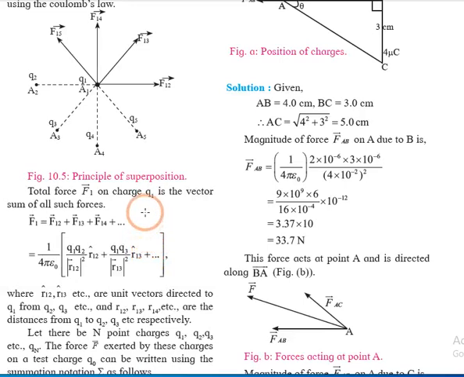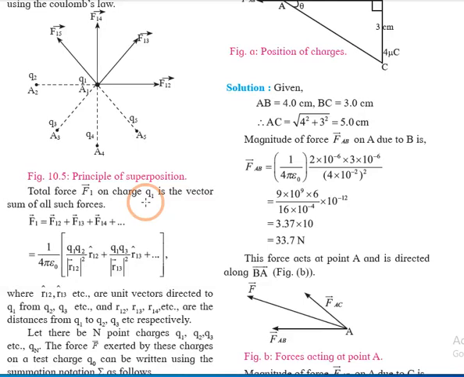Now we know that according to the vector form of Coulomb's law, the force is given by 1 upon 4 pi epsilon naught Q1 Q2 upon R square into R cap. If we consider it for R12, R13, R14 and so on, then it is given by 1 upon 4 pi epsilon naught as a common term in bracket, Q1 Q2 upon R12 square R cap 12 plus Q1 Q3 upon R13 square R13 cap plus so on.